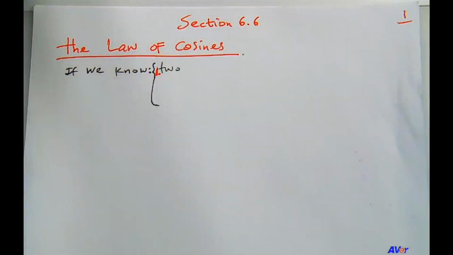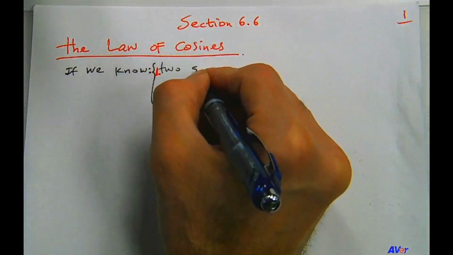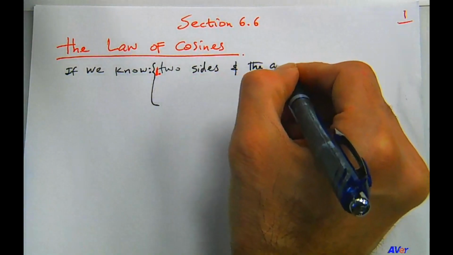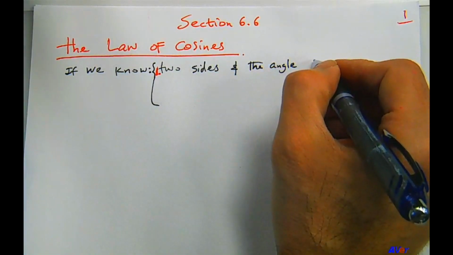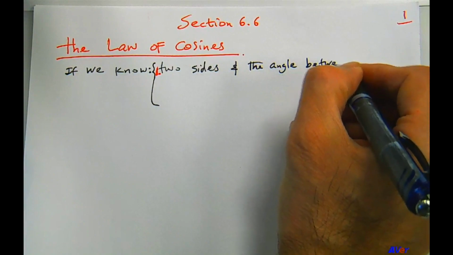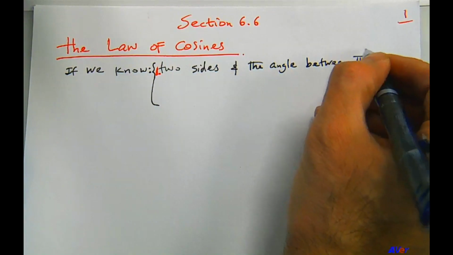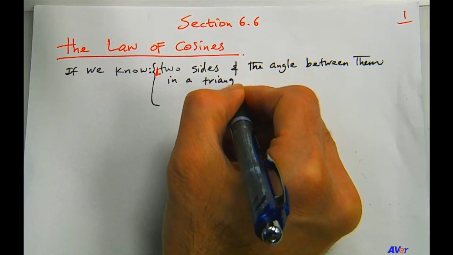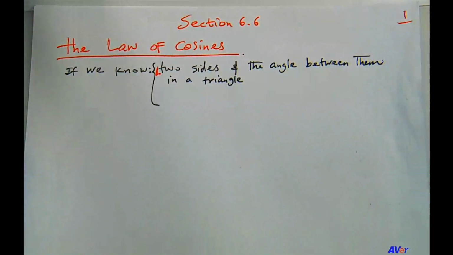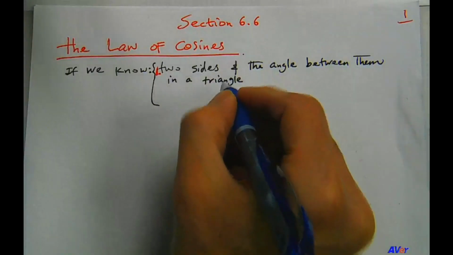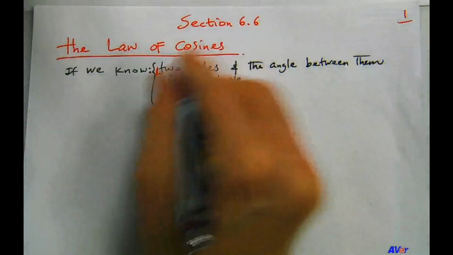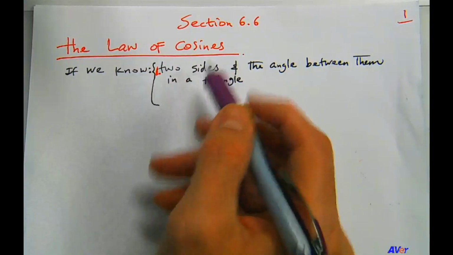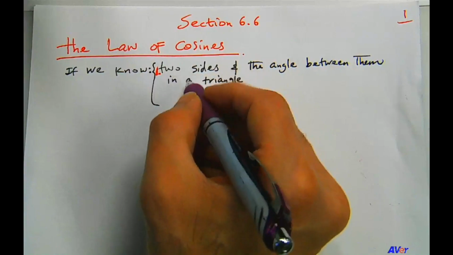One, if we know two sides and the angle in a triangle, so that's one thing we can use, one occasion when we can use the law of cosines to find the measure of angles and sides in a triangle.